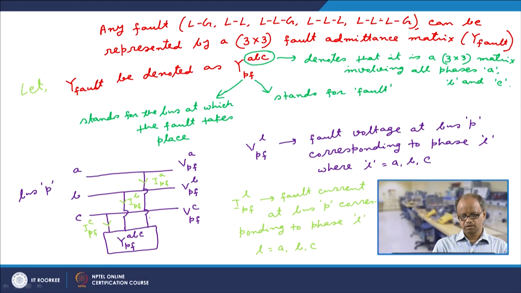So now what do we have? I have bus P, which has 3 phases A, B, C, and it can have any type of fault, let us say LG or LL or LLG or whatever. As we have already seen, any fault can be represented by a fault admittance matrix, written as YPFABC.